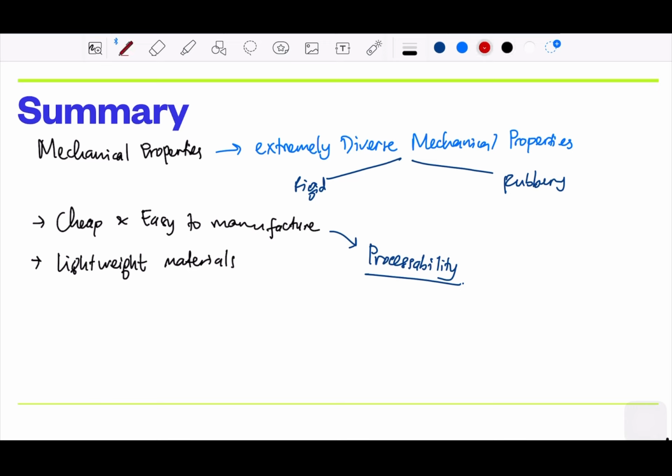And what's the disadvantage? Anyone has a comment? What's the disadvantage of polymers in general? Yes, high temperature. What else?